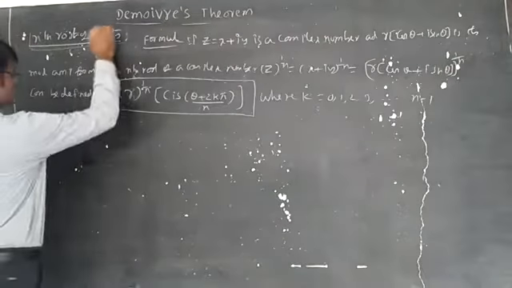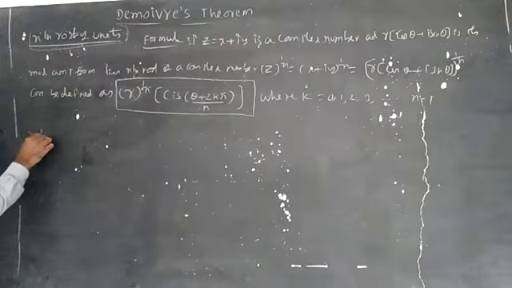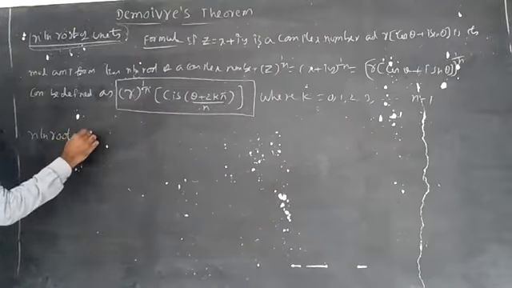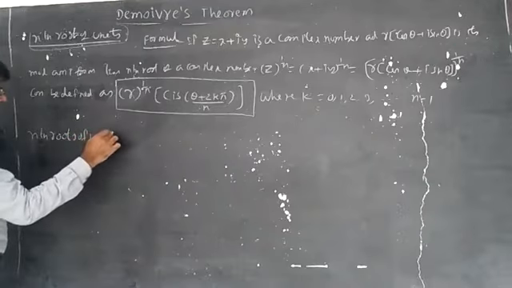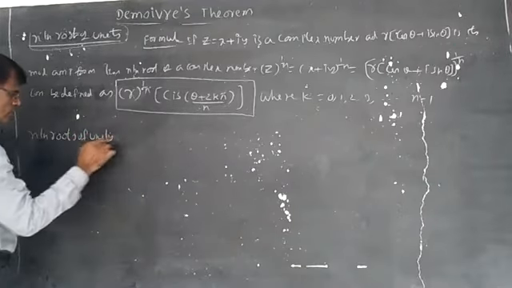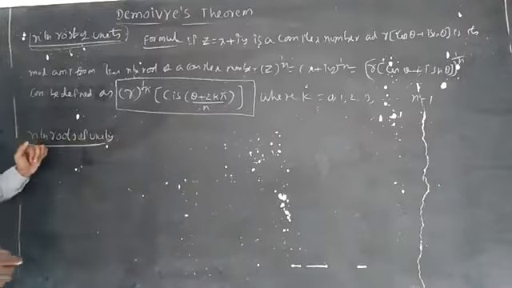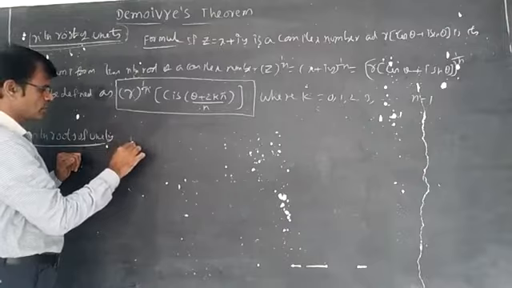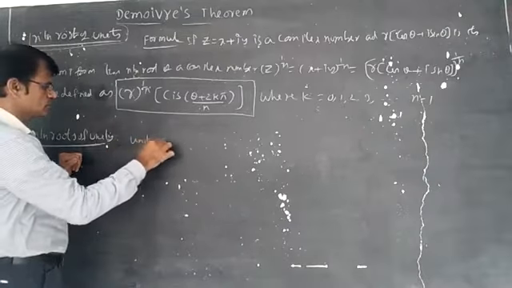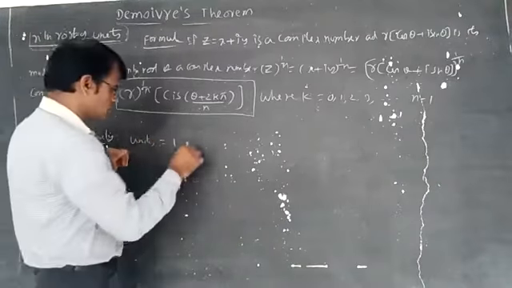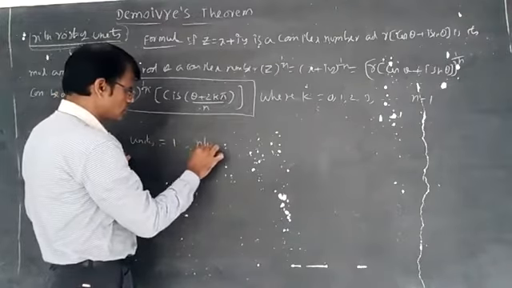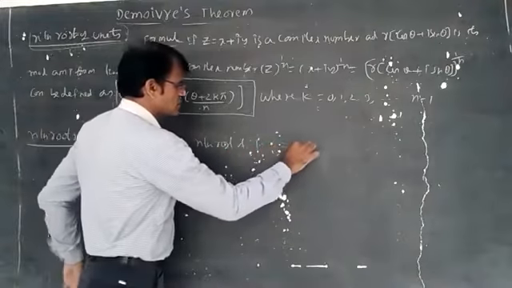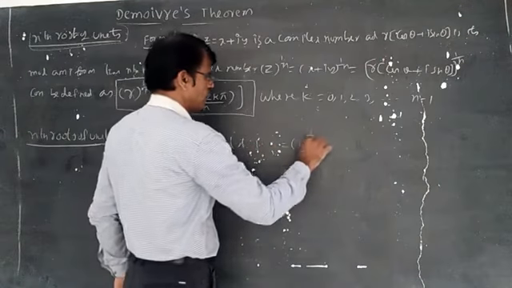Now this one: nth roots of unity. Unity means 1. Unity is equal to 1. So the nth root of 1, you can understand, is 1 power 1 by n.